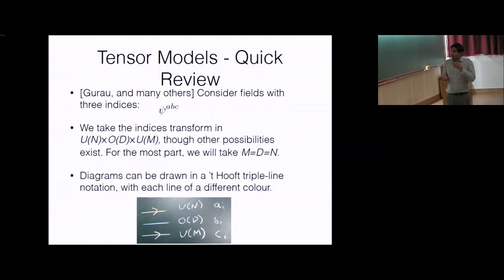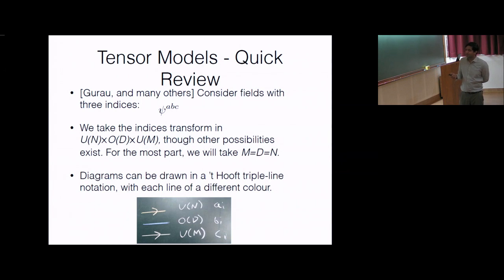Yeah. Okay, so what exactly are tensor models? We can consider fields with 3 indices, and these are defined by Gurau and others, A, B, C. Let's take the 3 indices, for instance, to transform in the representation U(N) cross O(D) cross U(M). This O(D) looks like transverse directions.